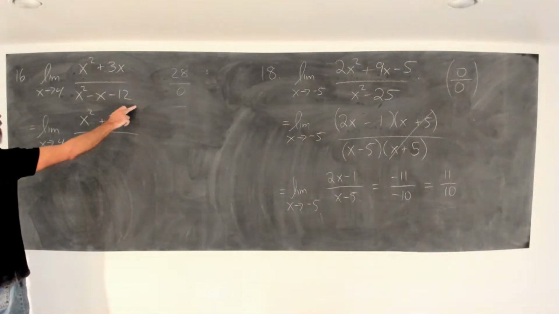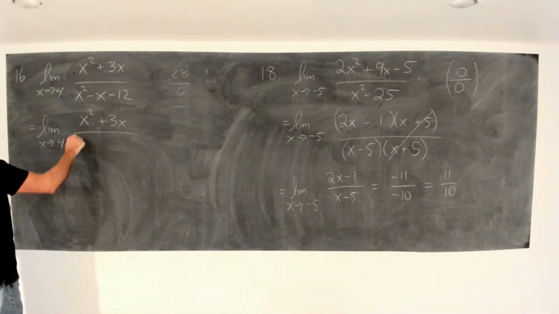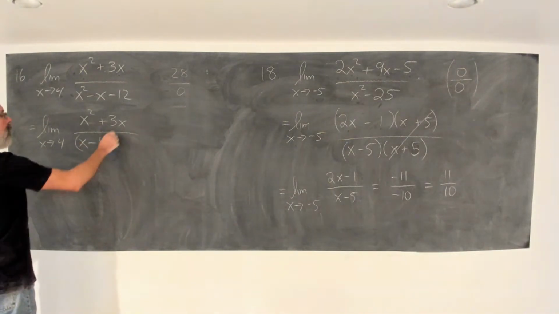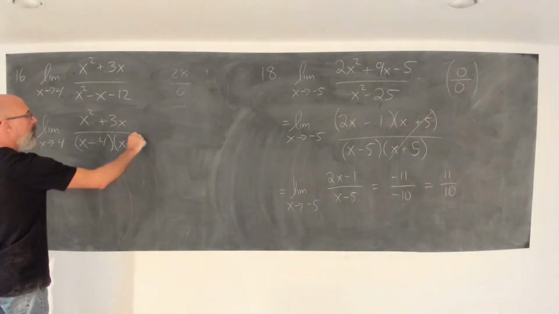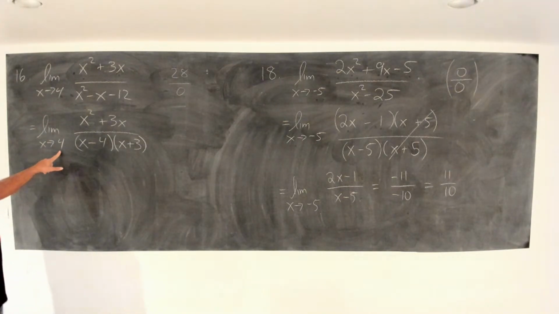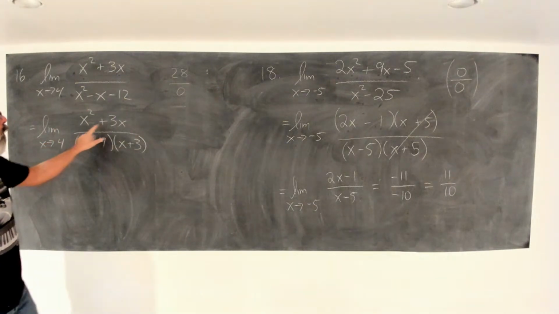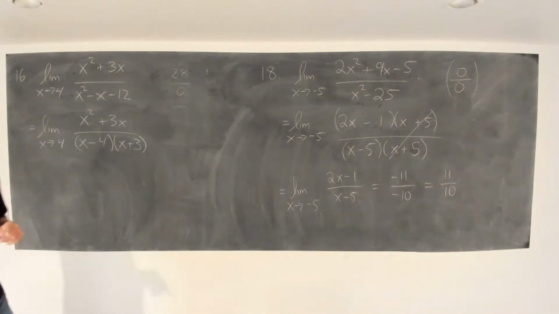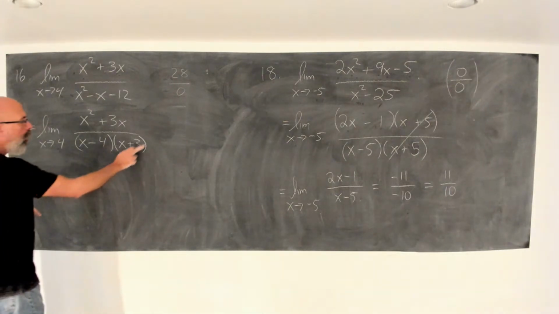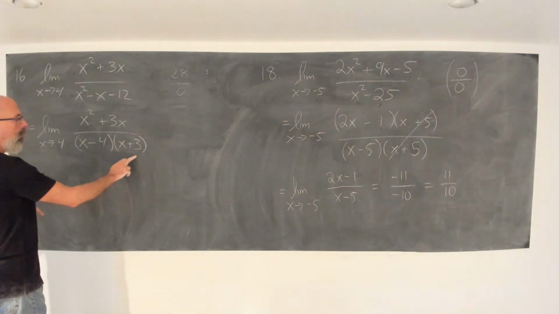Why don't we take a moment to factor this? This factors as x minus 4, x plus 3. And when x is close to 4, the numerator is close to 28. When x is close to 4, this is close to 7.